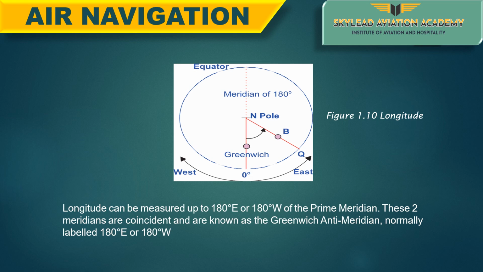If the two longitudes are east and west, then the two are added together. For example, 20 degrees west plus 10 degrees east equals 30 degrees difference, or 30 degrees change of longitude.